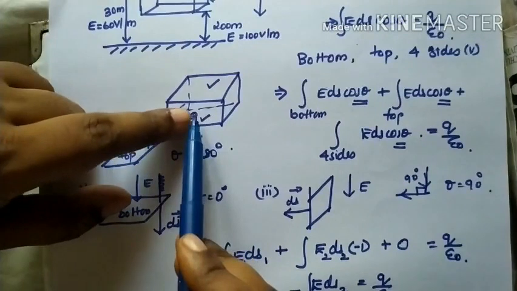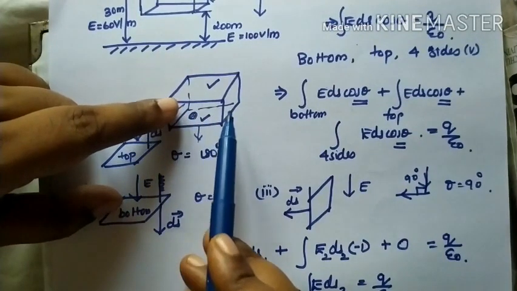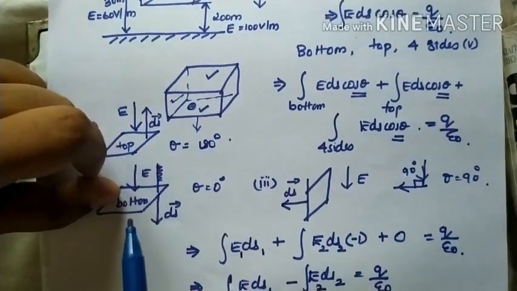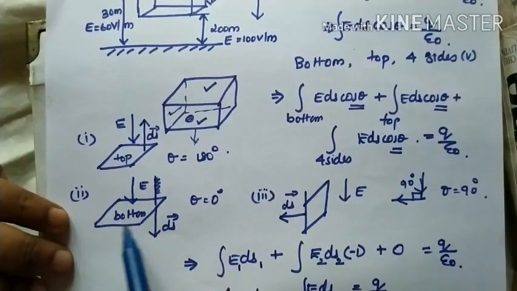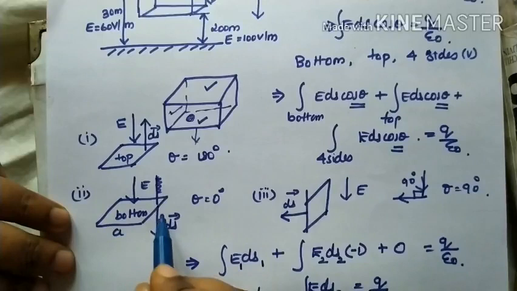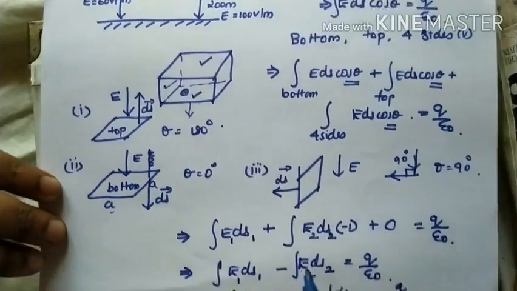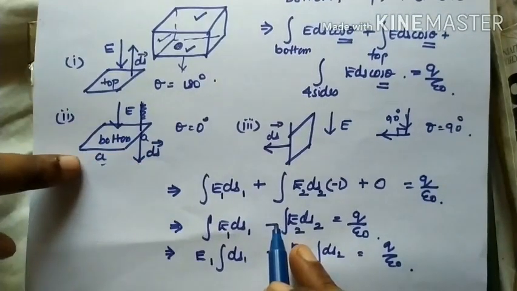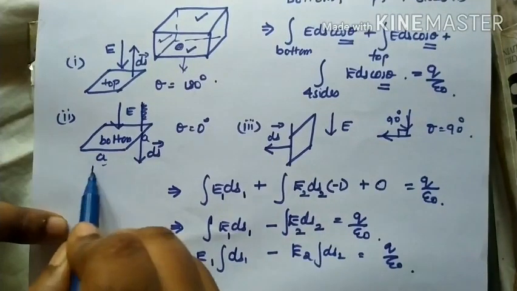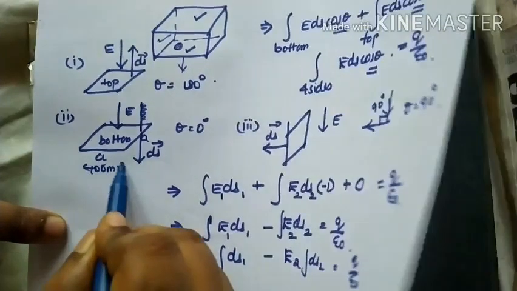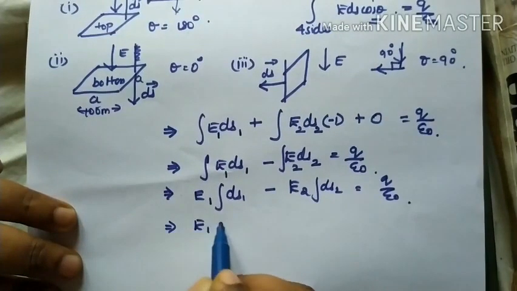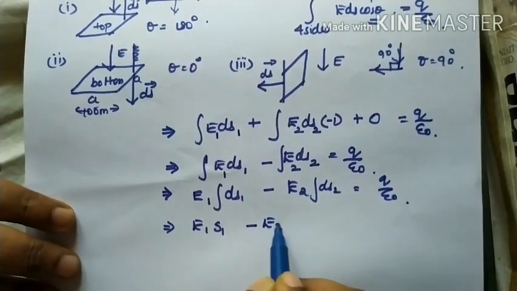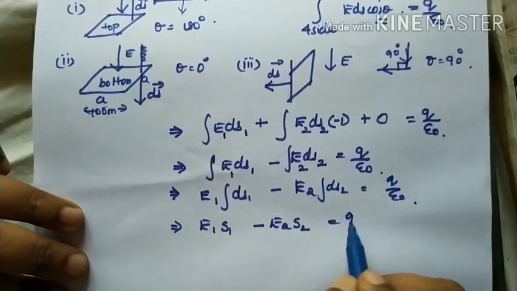What happens if I integrate it? It becomes this entire bottom surface. So what is the bottom surface area? I am going to consider only this piece. This side into this side, a into a, that is a squared. And what is the side length which is given? It is 100 meter, a cube. Hope it is clear. So this becomes E1 into S1 minus E2 into S2 is equal to Q by epsilon naught.